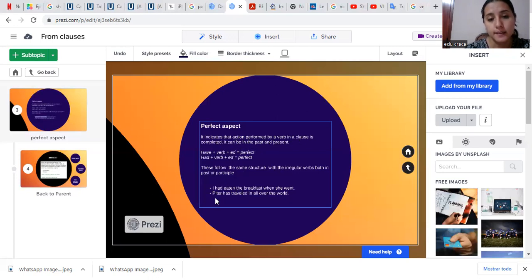But in the next, Peter has traveled all over the world, the verb represents that the action is happening in present time. So this is perfect aspect.